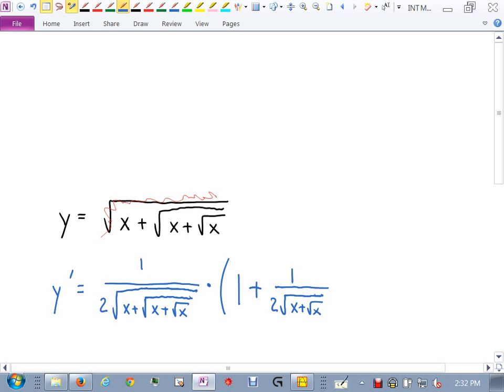Are you done taking the derivative of the square root of this folder? Well, you're done with the square root, but what about inside? Don't I have to take derivative of what's in here? Yes, we do.